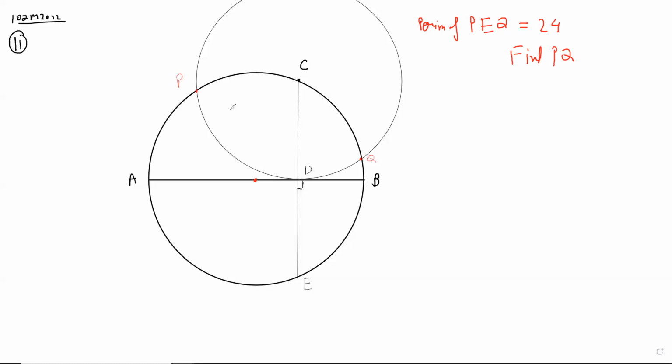Yeah, the radius is not equal. So somehow we have to relate the side lengths.